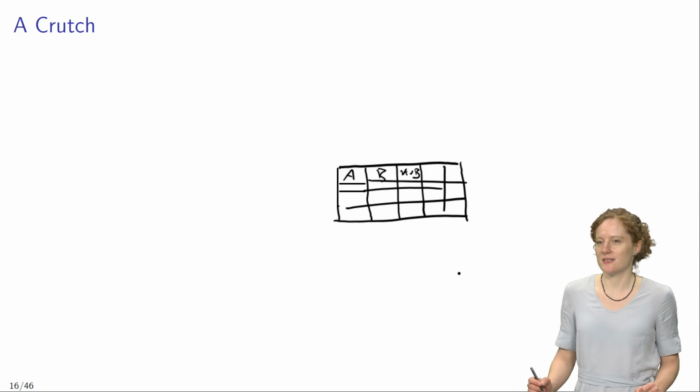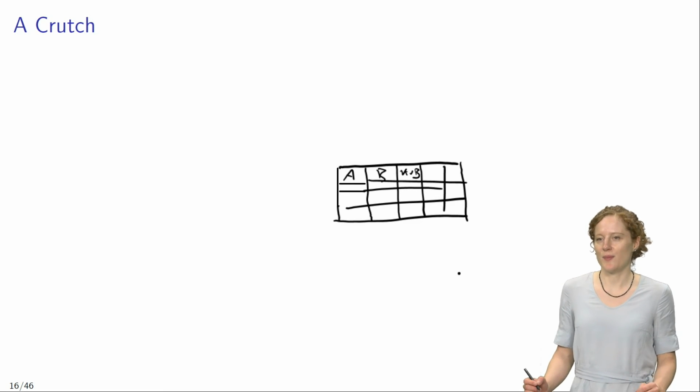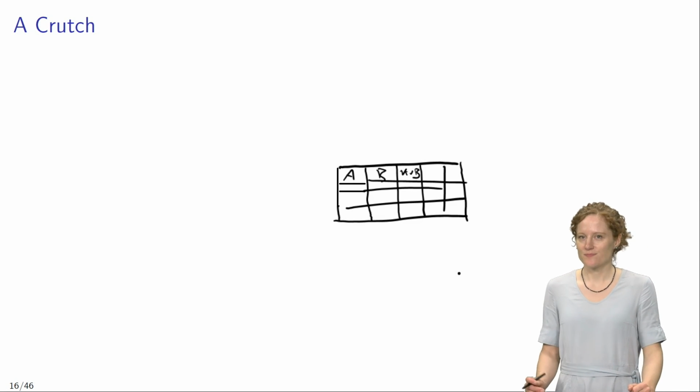And you can fill in the detail. So the double turnstile looks a little bit like a part of a truth table, and just think of this image when you try to remember the meaning of the double turnstile. The double turnstile always has to do with truth tables.